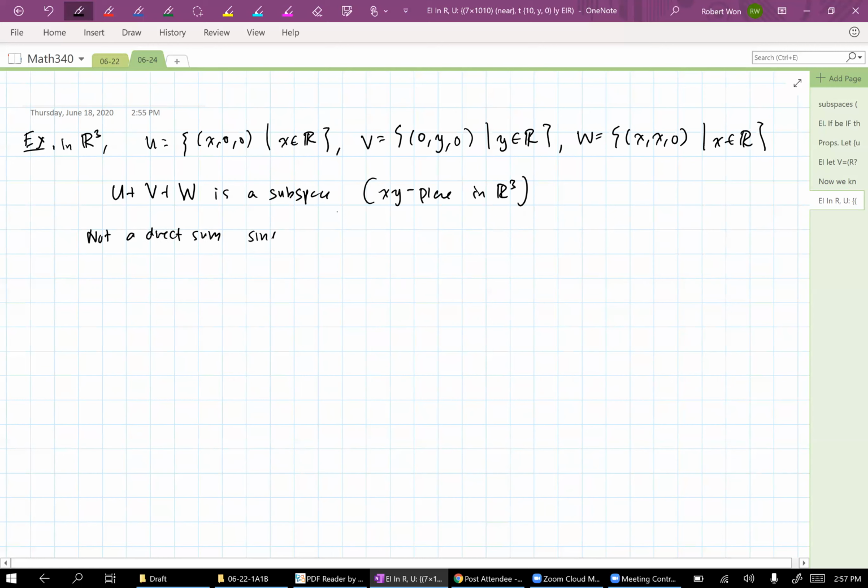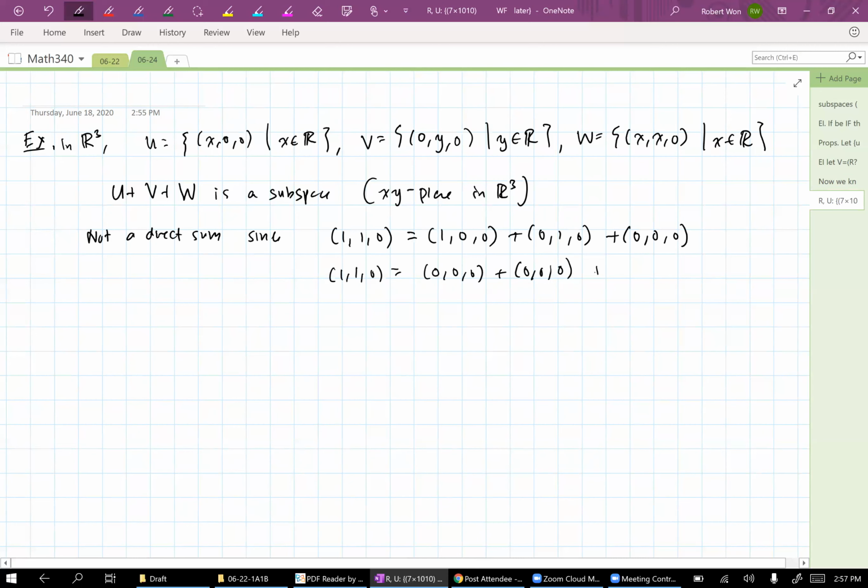For example, the element (1, 1, 0) you can write as (1, 0, 0) plus (0, 1, 0) plus (0, 0, 0). Here I've written it as something in U, something in V, something in W. Or you could write it as (0, 0, 0) plus (0, 0, 0) plus (1, 1, 0), and that thing is in W. There are other ways to write it as a sum of three things.